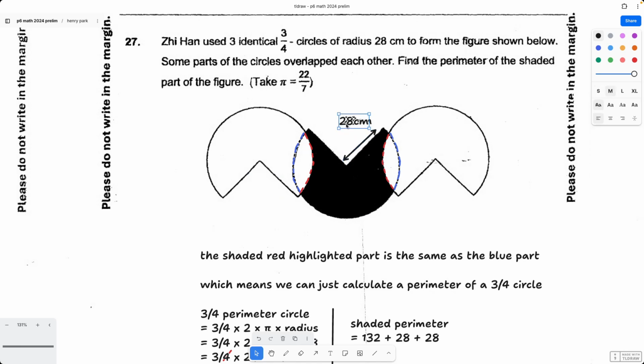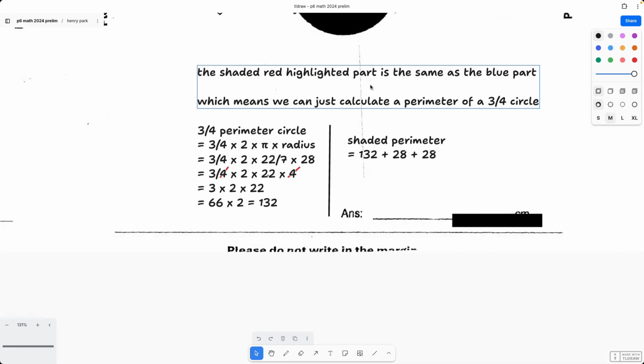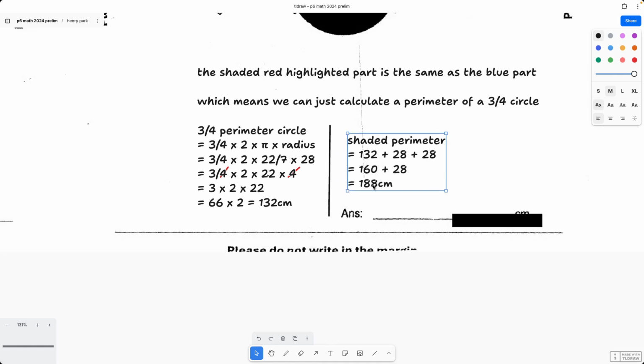So this 28 and 28 as well, right? This arrow is 28 as well. So that means we just need to add 28 together. 132 plus 28 is 160, plus 28, which is equal to 188. There we go. So that's the answer, in centimeters. So the answer to this is 188 centimeters.